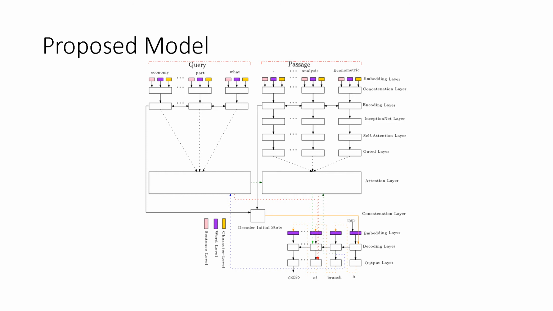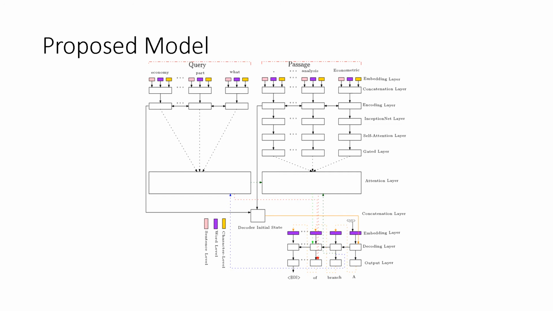Then we have the encoding layer, which is responsible for encoding the input sequences using bidirectional LSTMs. Then we have the inception layer. This is where we do the selective mechanism, and I will come back to this in the next slide.